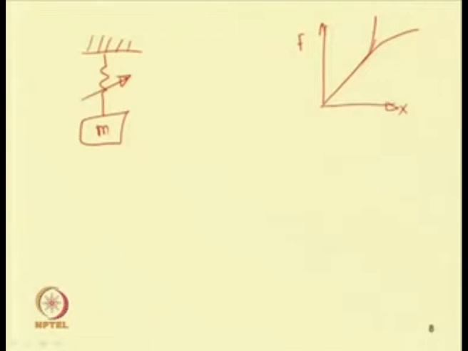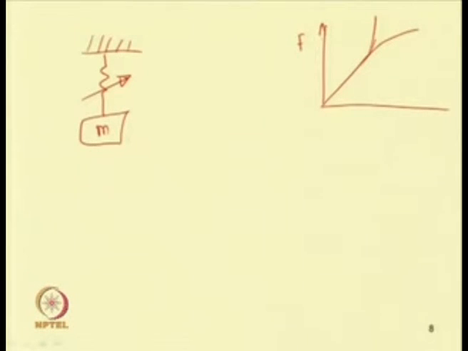In case of a soft spring, there will be more elongation with less force. When a small force is applied, we can have large deformation in case of a soft spring, and in case of a hard spring, with large force we will have small deflection.